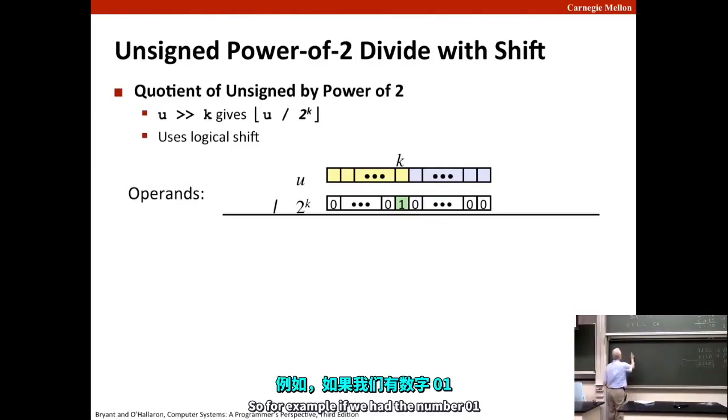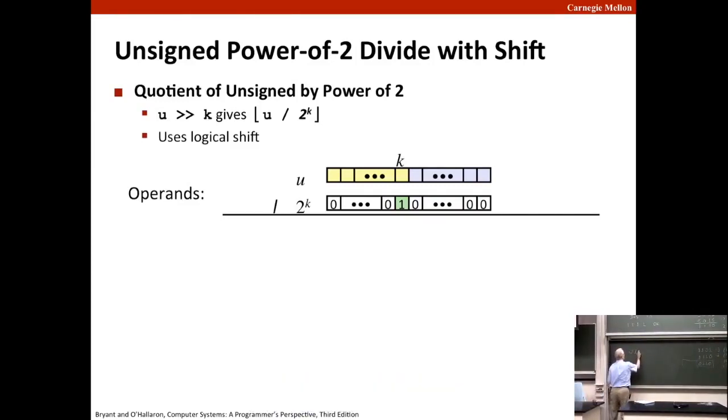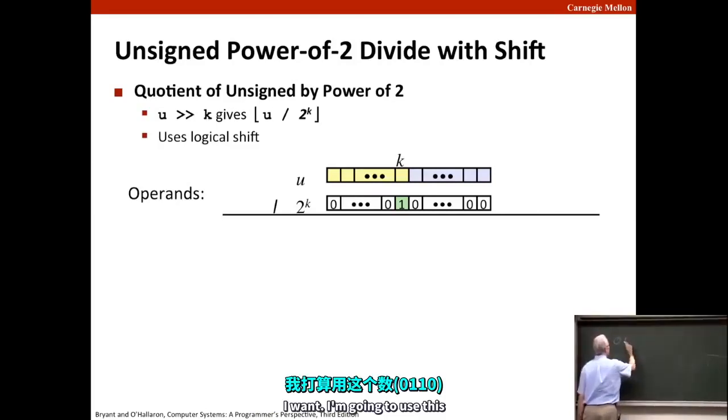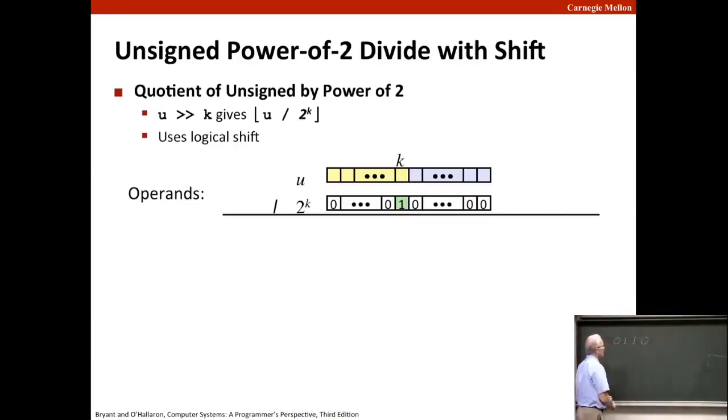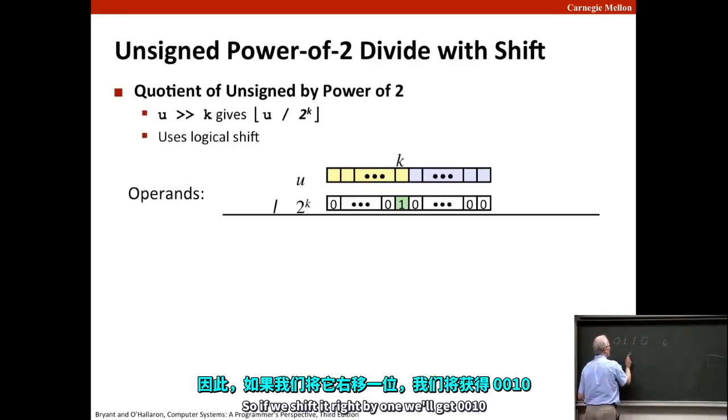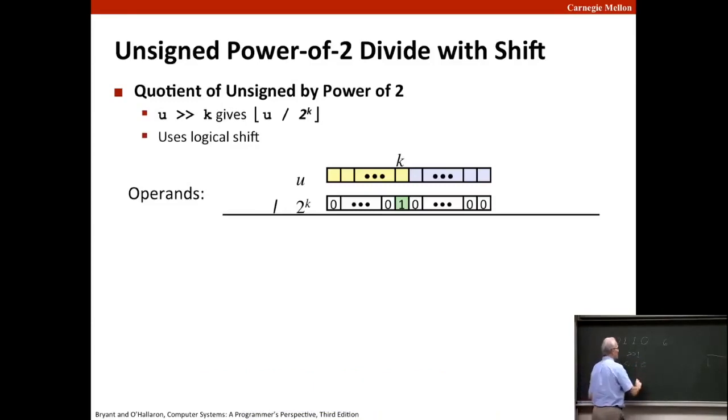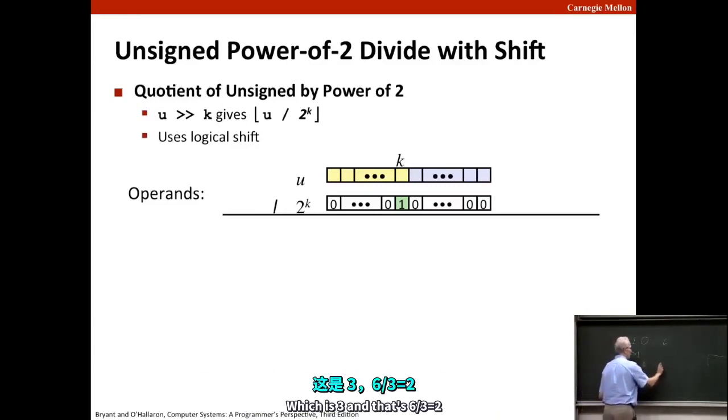So, for example, if we had the number 0, 1, 1, 0, that's 6. So if we shift it right by 1, we'll get 0, 0, 1, 1, which is 3.